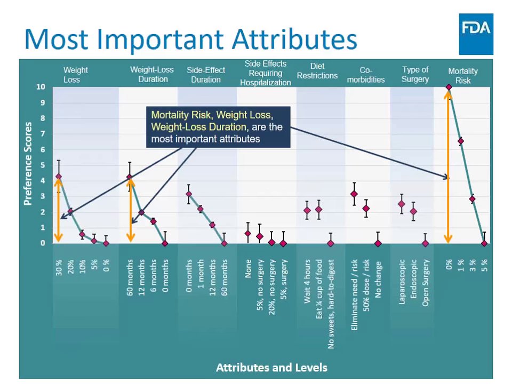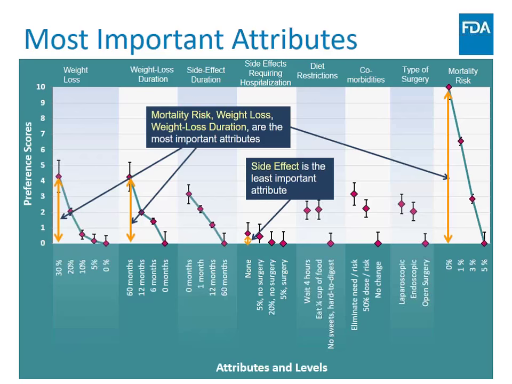For weight loss, the range is from 0 to about 4.3, and weight loss duration has a similar magnitude of range. And these ranges indicate that these three attributes are the most important among the 8 that we are studying.